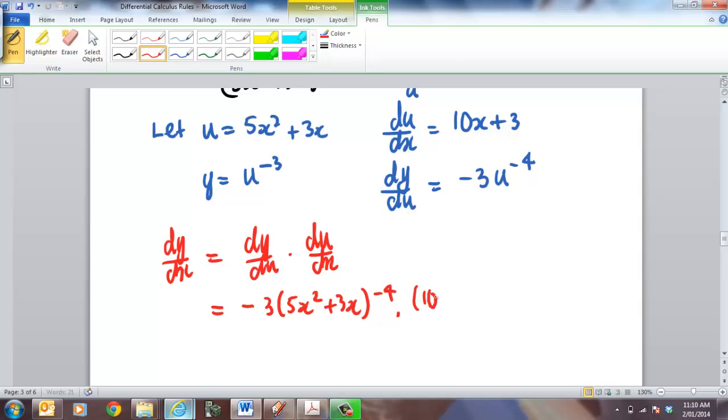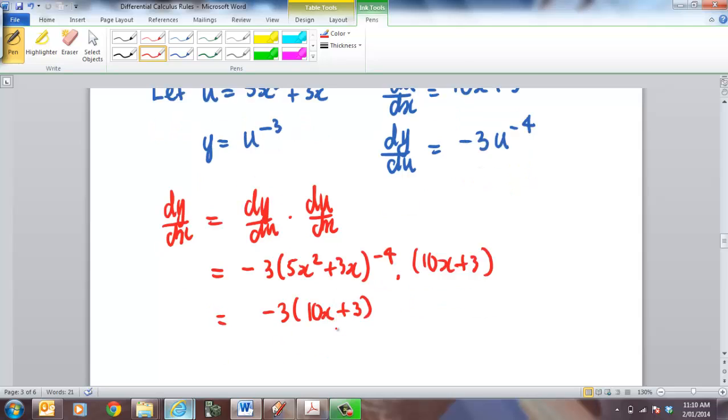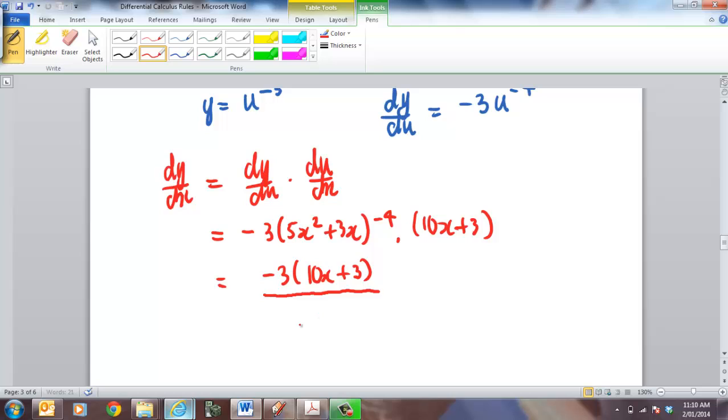That's going to be 10x plus 3. Now you may want to write this as equal to negative 3 lots of 10x plus 3 all over 5x squared plus 3x to the power of 4. So it's okay to do that. Now that's using the chain rule.